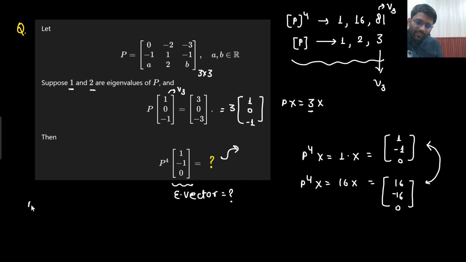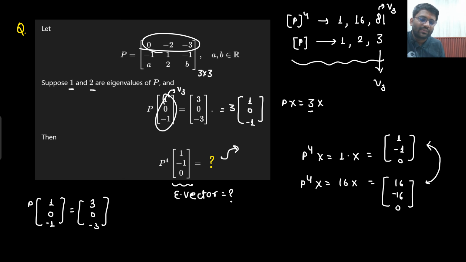Matrix P being multiplied with 1, 0, -1 is giving you 3, 0, -3. So how will you do the multiplication? First row multiplied with this column, then second row multiplied with this column, then third row multiplied with this column. This is how you do the multiplication, no? So basically this third row multiplied with this column will give you the last entry, -3.